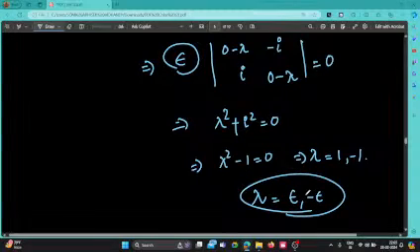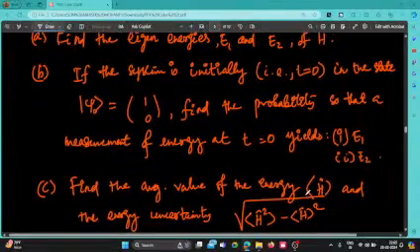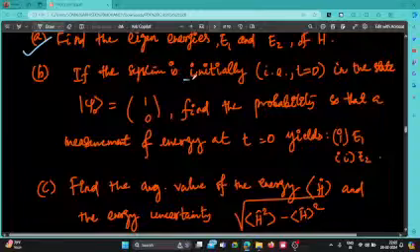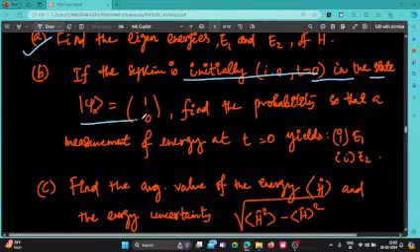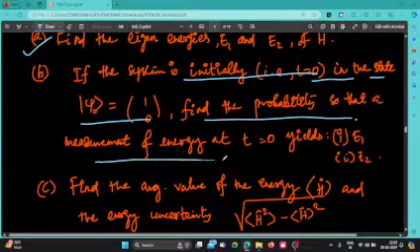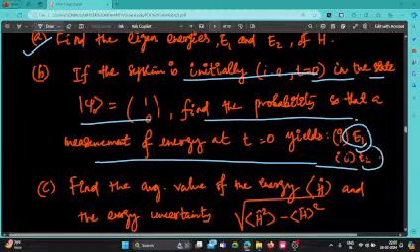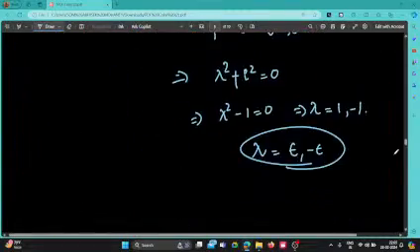Now the next question: the system is initially in this state; find the probability that a measurement of energy yields E1 and E2. This is a very good question. To answer it, we have to find the eigenvectors for each state.